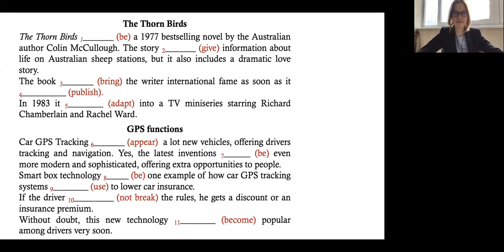Good. Number three. Okay, was published. Perfect. So Oksana thinks that we should use was and then gives, but we will discuss it.